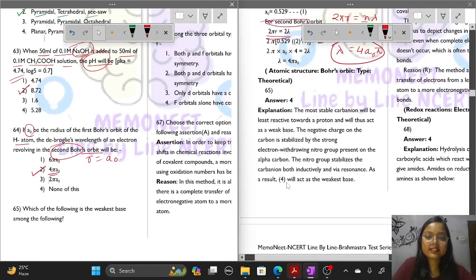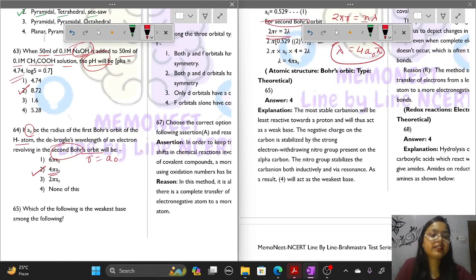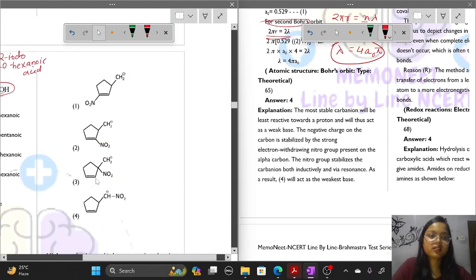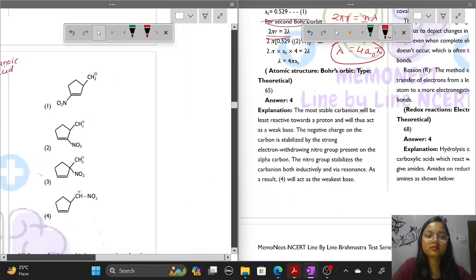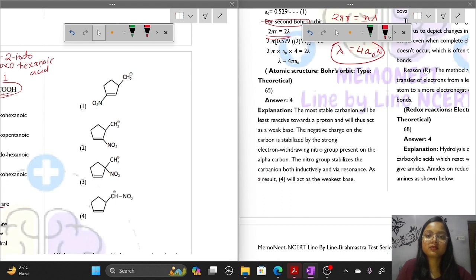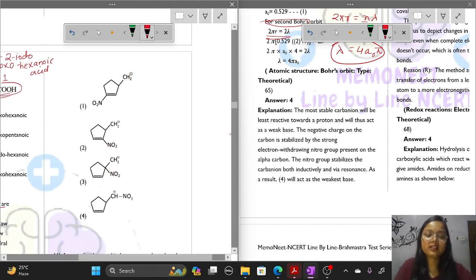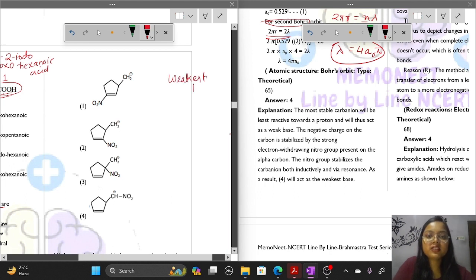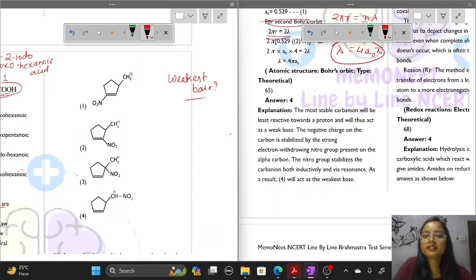Next is question number 65. Which of the following is the weakest base among the following? These are the options. We have to find which of these is the weakest base. Let's write some points. What happens when an electron withdrawing group is there?